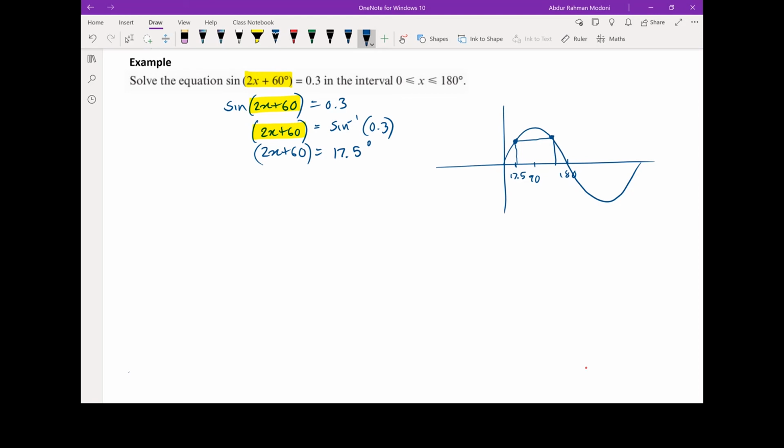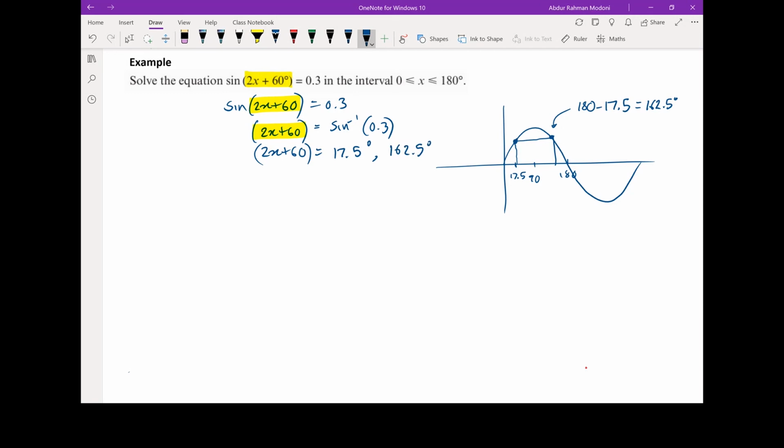So using the property of symmetry here, this second angle that we've got here is 180 minus 17.5 degrees. And that gives us 162.5 degrees.